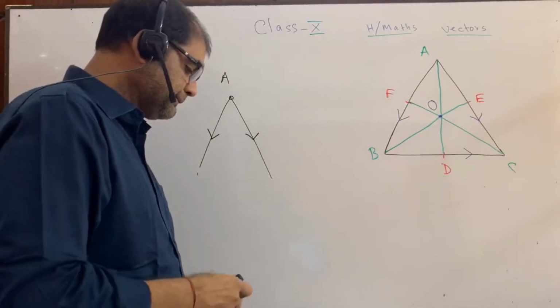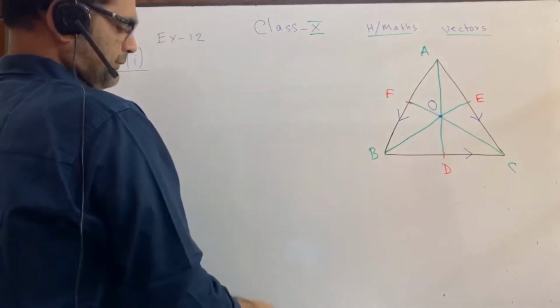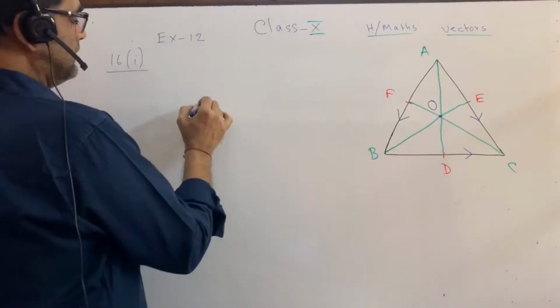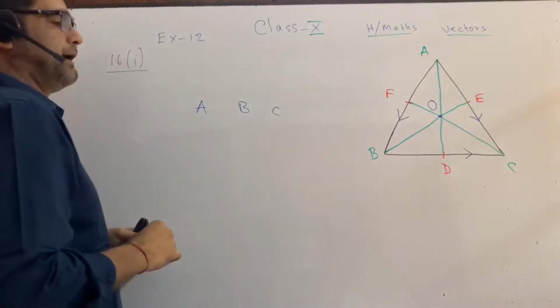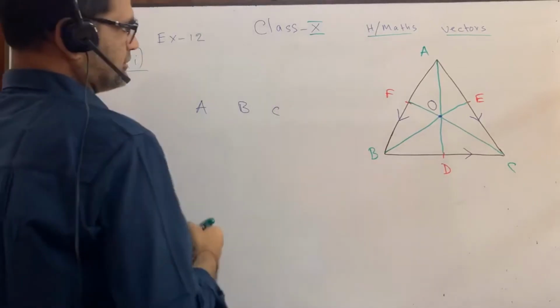Now you see, what are the vertices of the triangle? A, B and C. These are the vertices of a triangle. And what are the midpoints?